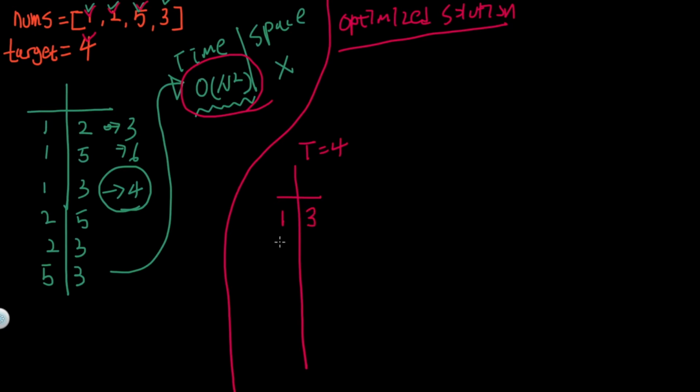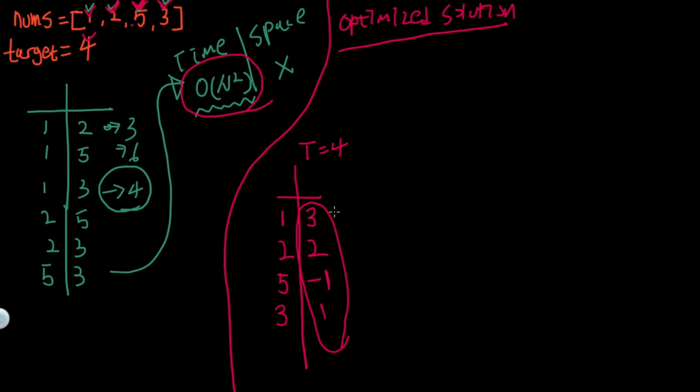When we are pointing to this 2, we want to find out if there's a 2 in our data structure. And when we're grabbing this 5, we want to find out if there is a 1 minus 1 in our array. And when we are pointing to this 3, we want to find out if there's a 1 in our nums array. So how do we calculate these numbers?